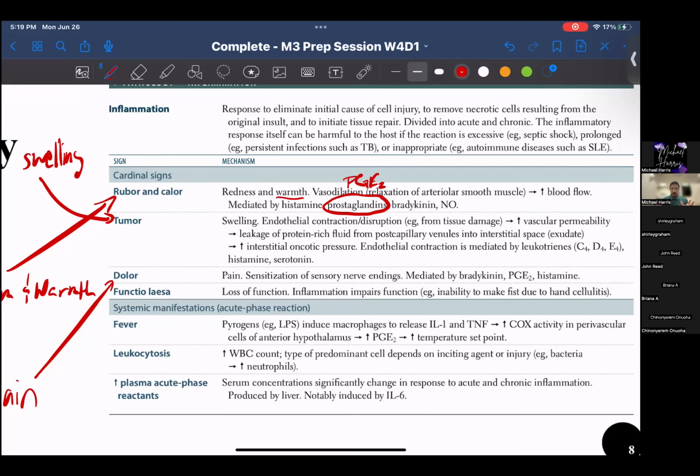Okay? Now, with this aspect of it, this is more at the venular end, not the arterial end. Because if you remember, when we did immuno, we talked about where cells extravasate. Where do they leave the blood and join into the tissue? Where is that?